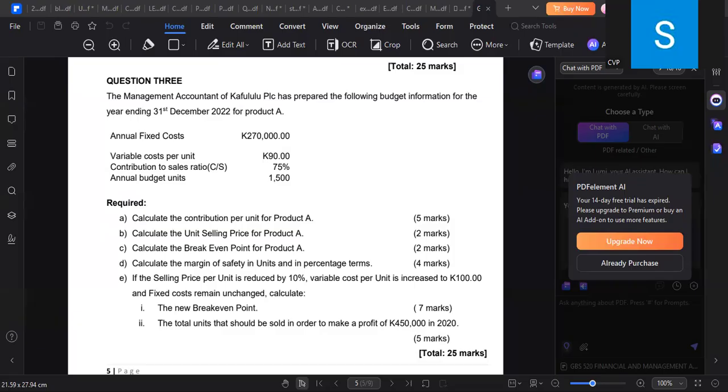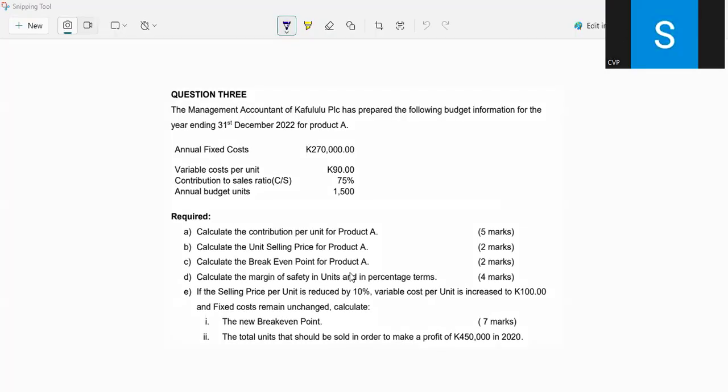What are we given in this question? This will be your homework. Yeah, so we have fixed cost, 70, variable cost, 90, contribution ratio, 75, and the budgeted sales units.